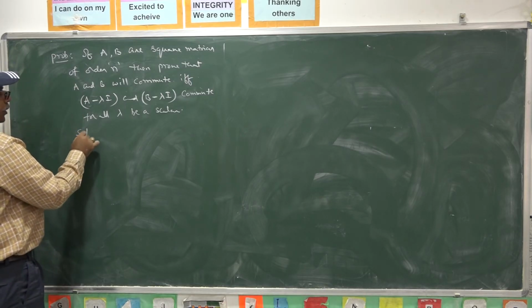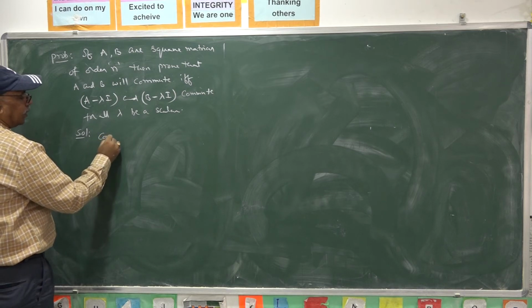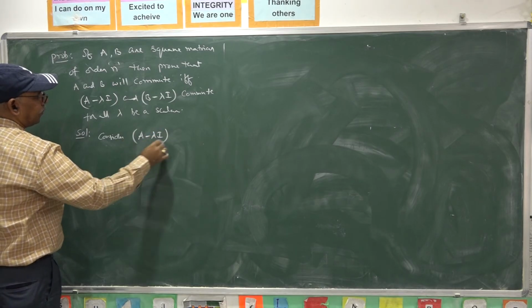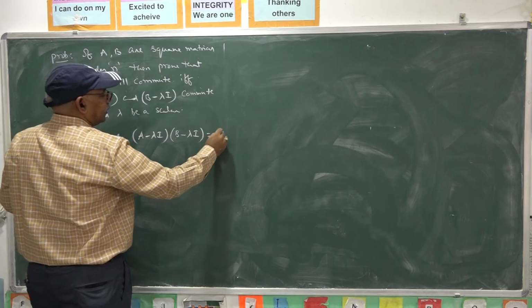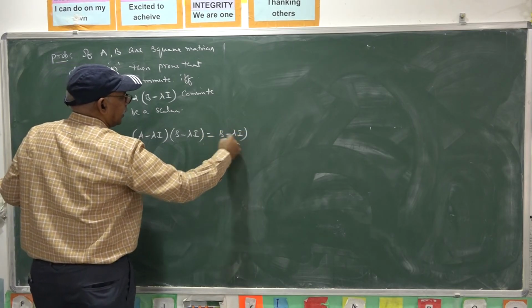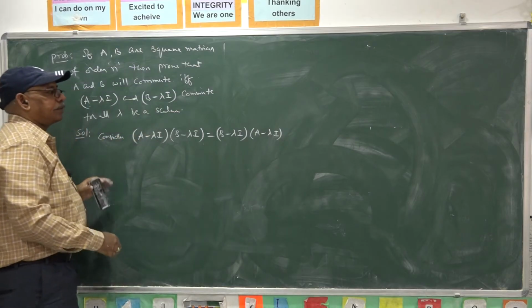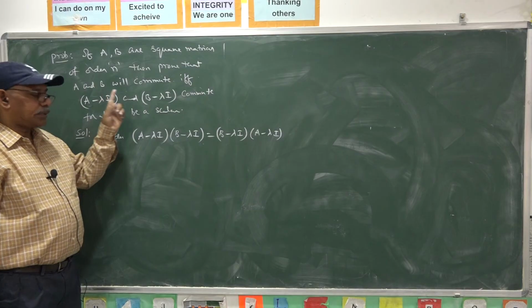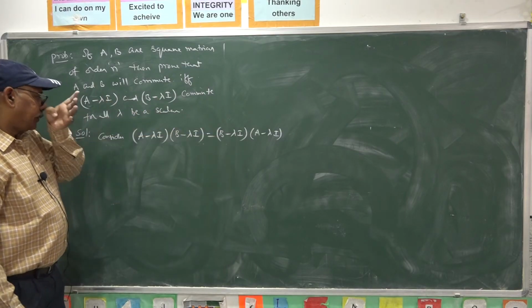To show that, consider A minus lambda I into B minus lambda I as B minus lambda I into A minus lambda I. I am taking these two matrices as commuting. This is x, suppose this is y. X into y equal to y into x.